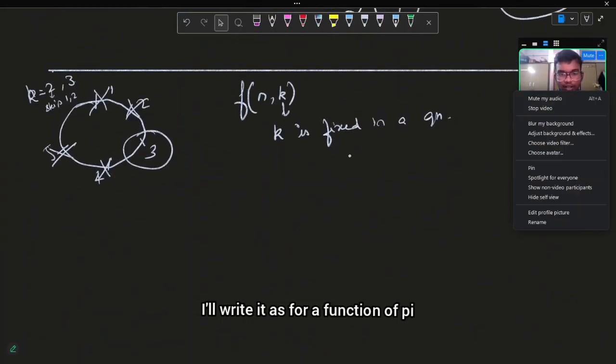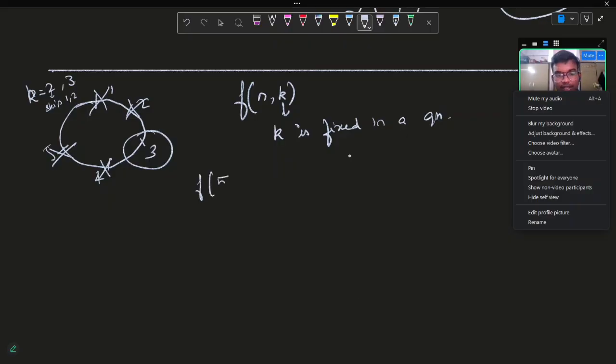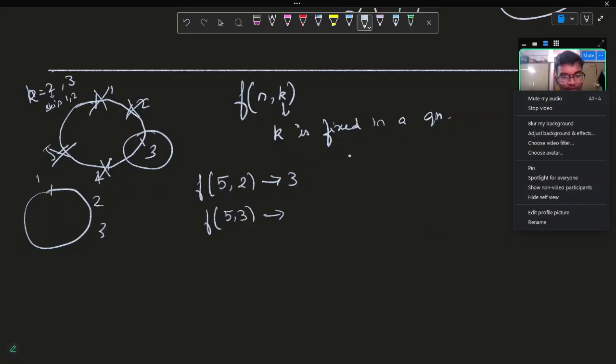So we'll write it as function of n is equal to 5 and k is equal to 2, the answer is 3. For function of 5 comma 3, we'll check what the answer is. 1, 2, 3, 4, 5. Now we skip 2 people because k is equal to 3.